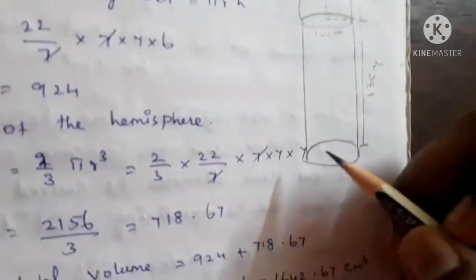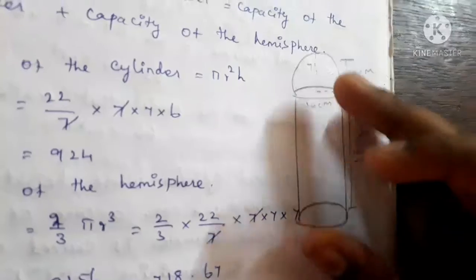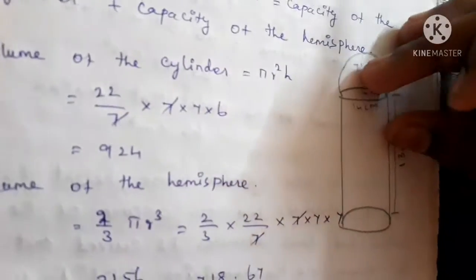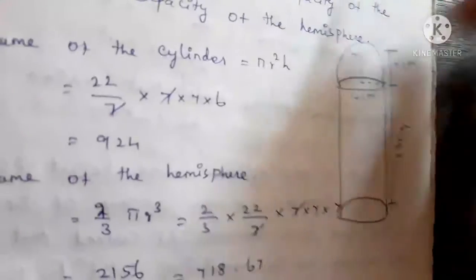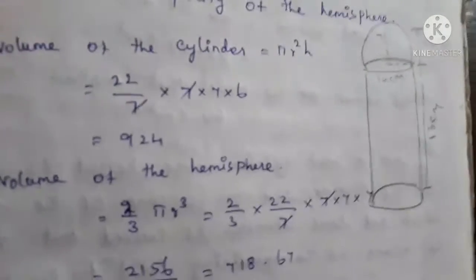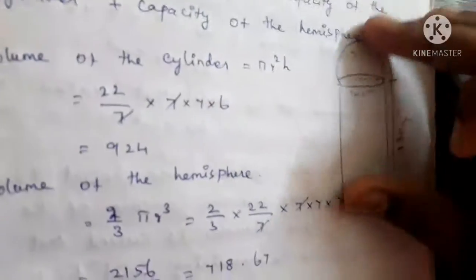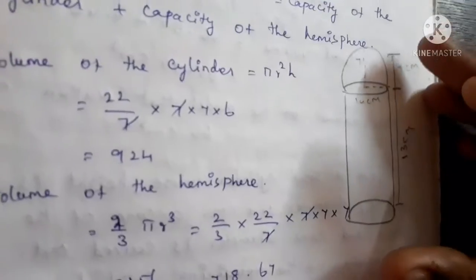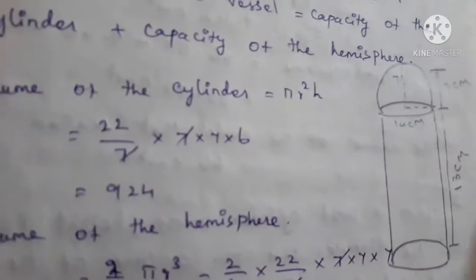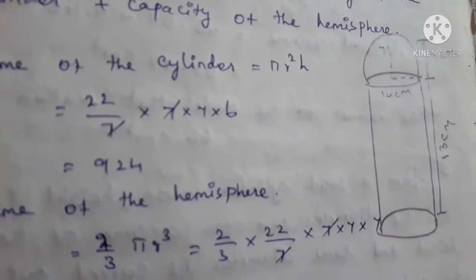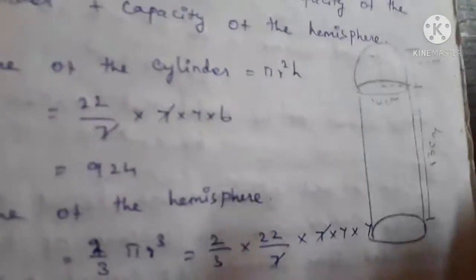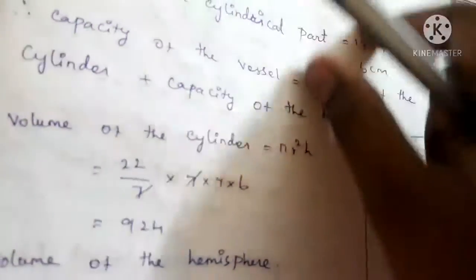This is a hollow cylinder mounted on a hollow hemisphere, so it combines and forms just a vessel. We have so many vessels in our houses, but this is a different vessel. It will be a hollow thing. We'll pour something and keep it, like that you can imagine.